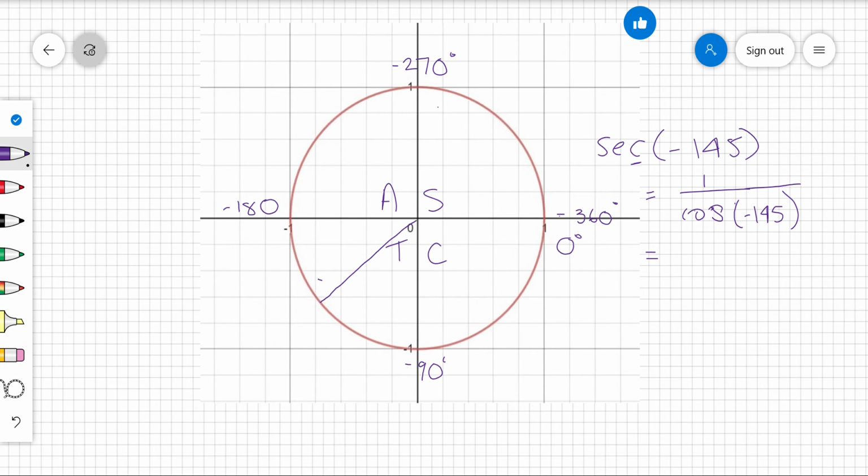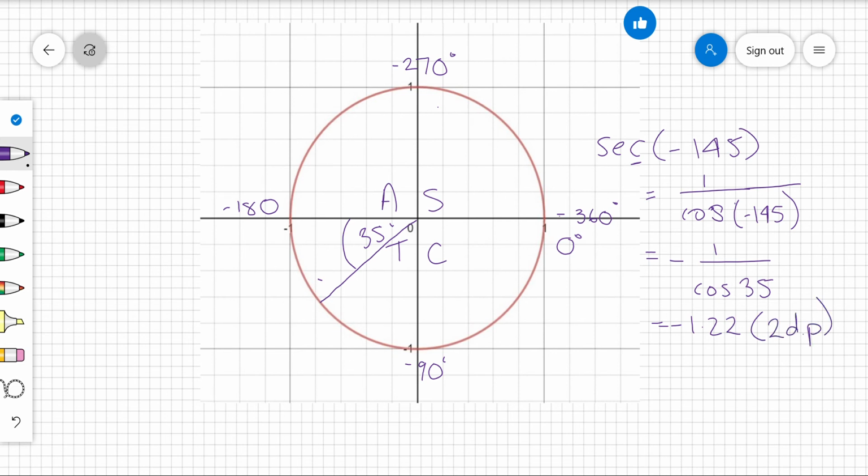To get to negative 180, I would have to add another 35 degrees, so that must be 35 there. It's in the T quadrant, so we know cos in the T quadrant is negative. So I already know the answer is going to be negative. Now I can just use the acute angle, which is 35 degrees. Really, I can just put that in the calculator. 1 divided by cos 35 is 1.22, so it's negative 1.22. That's to 2 decimal places.